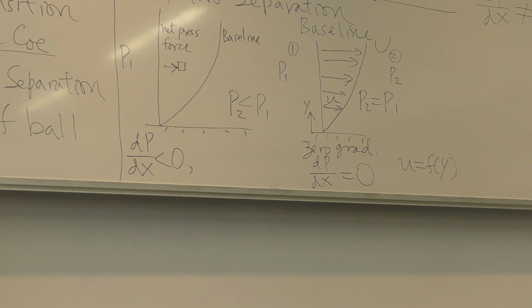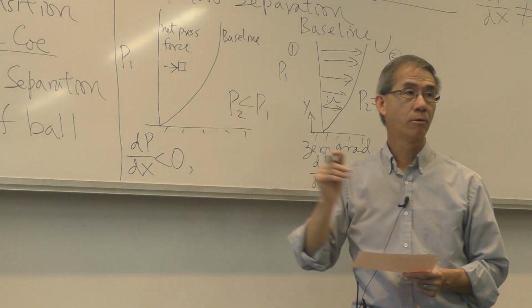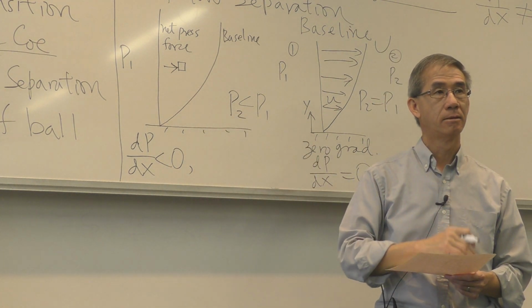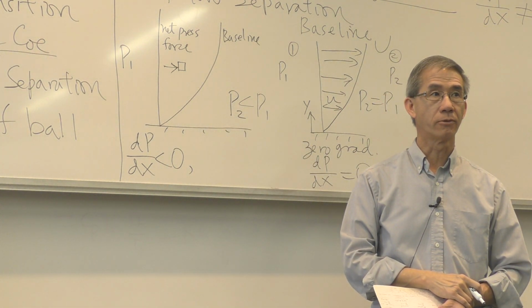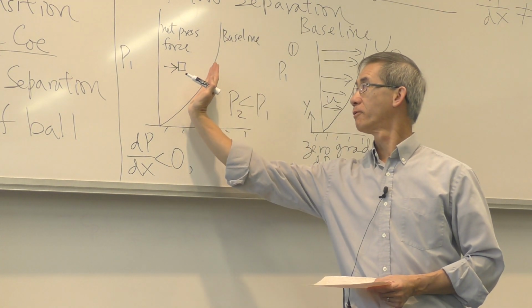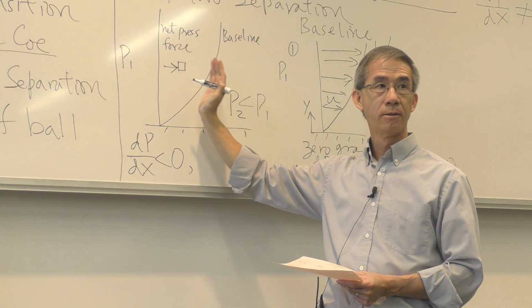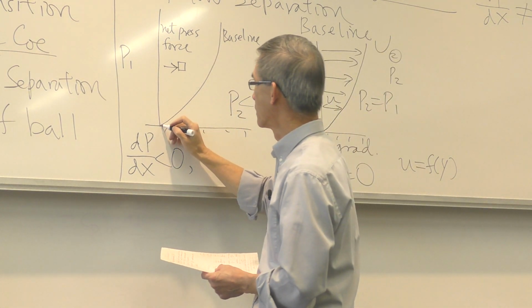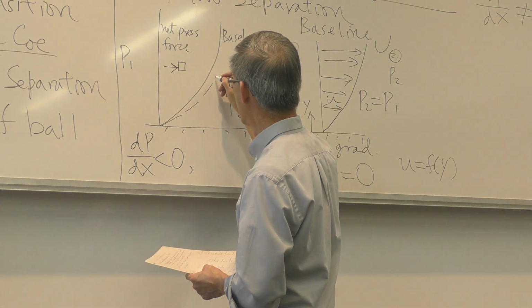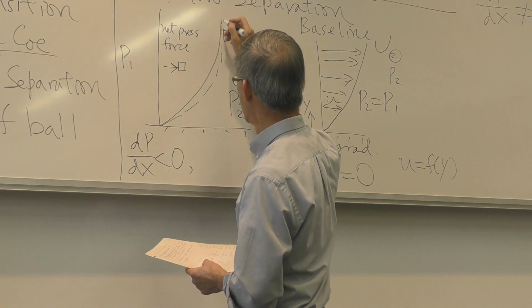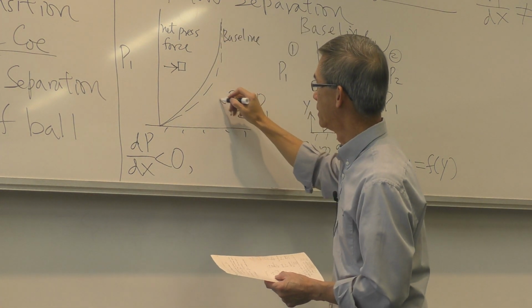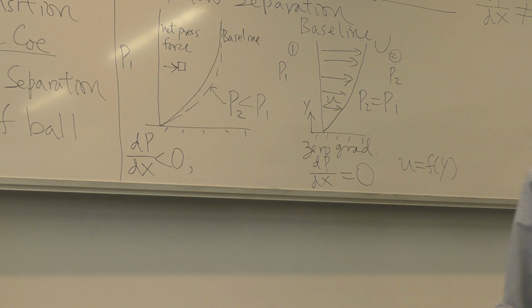So if my baseline is shown here, how would that change this velocity profile due to this added net pressure force? It will take this profile and move it to the right. So I have now a new profile that is due to this pressure gradient, or less pressure downstream than upstream.